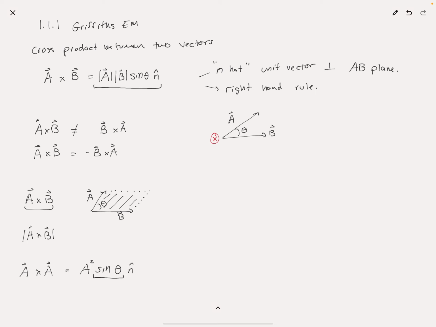And we know that A and A are pointed in the exact same direction because they are the same. So that means that the angle between A and A is 0, and the sine of 0 is 0. So therefore, the cross product of two vectors that are the same is also 0.